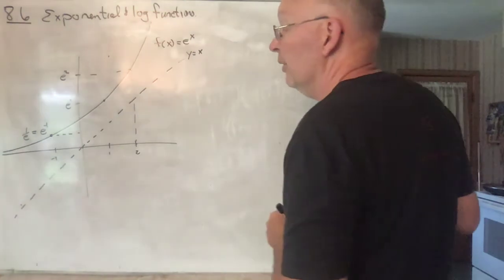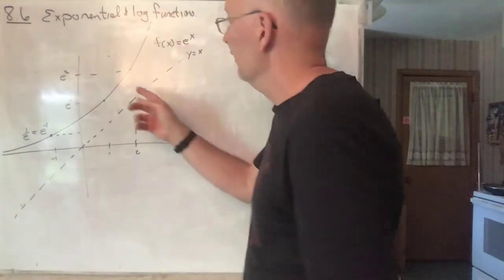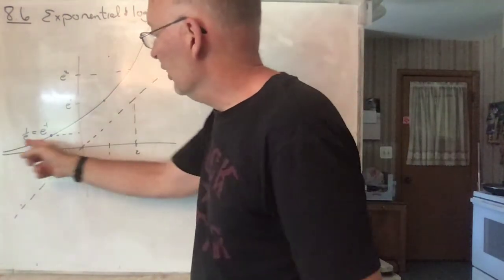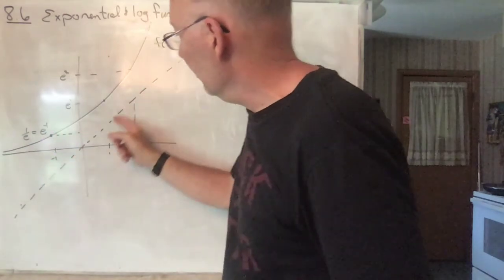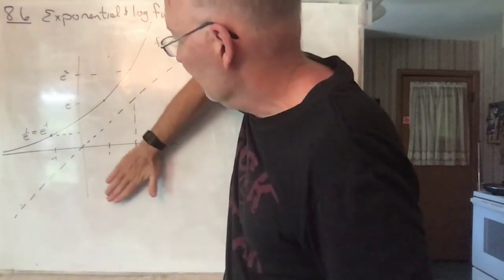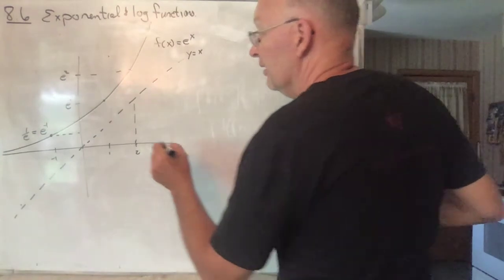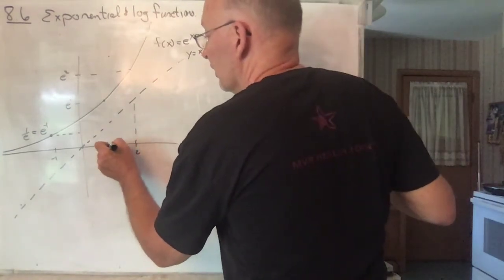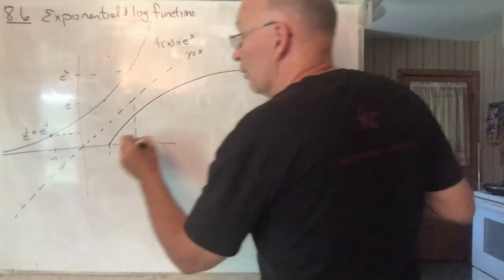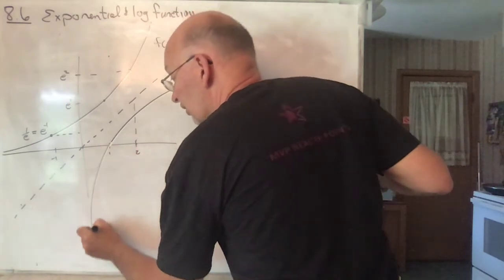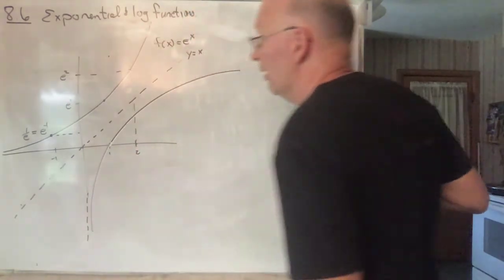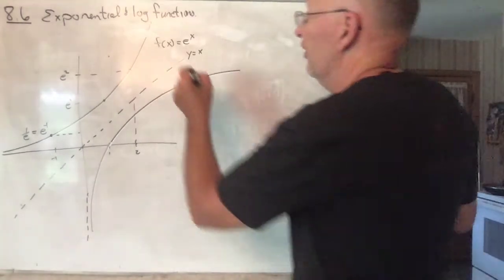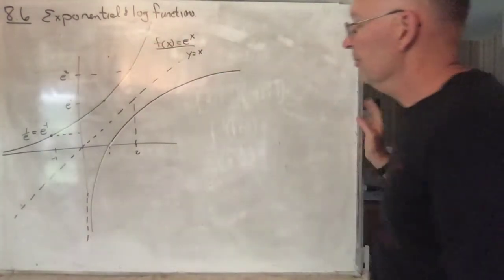There's the line y equals x. So if you think of making this in really wet ink and then folding the paper right along there, what would it look like? It turns out this is what it's going to look like. Can you picture it? It's going to grow up like that. It's going to go down like that. So this is the function e to the x.